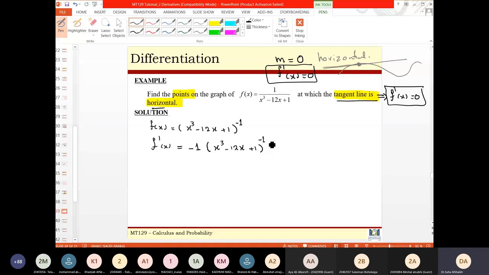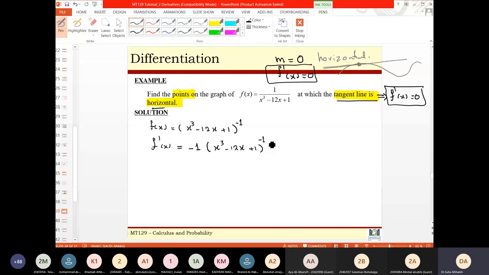Good? I'm not done. I have to multiply with the derivative of what is inside. Inside is this part. So I have to multiply with x^3 minus 12x plus 1 dash, the derivative of this amount.